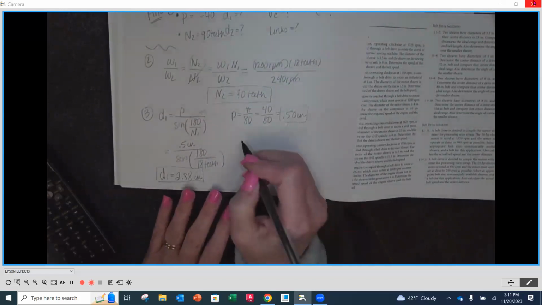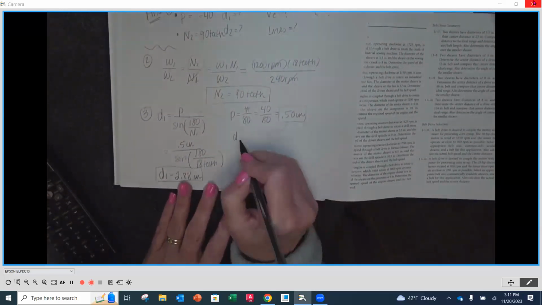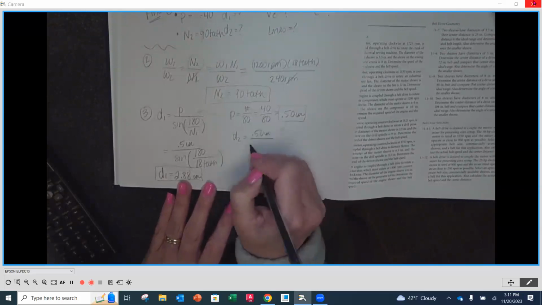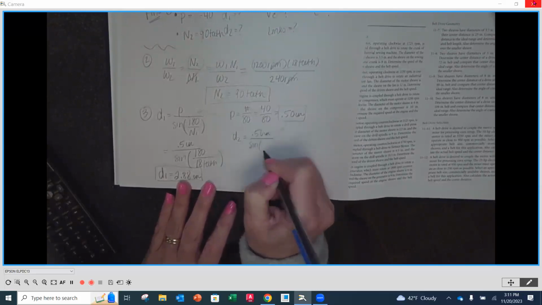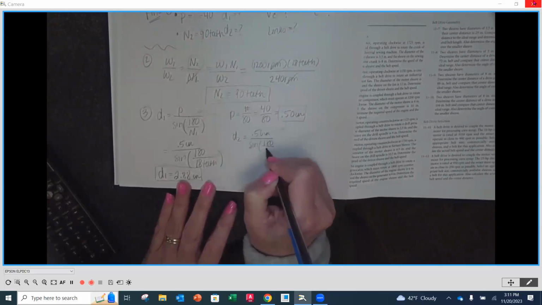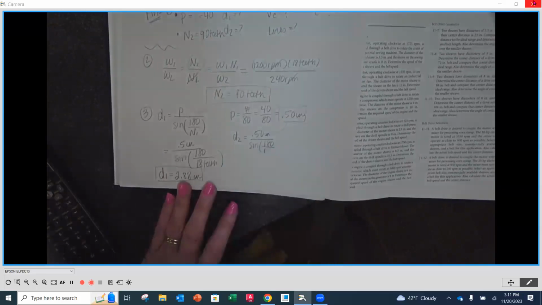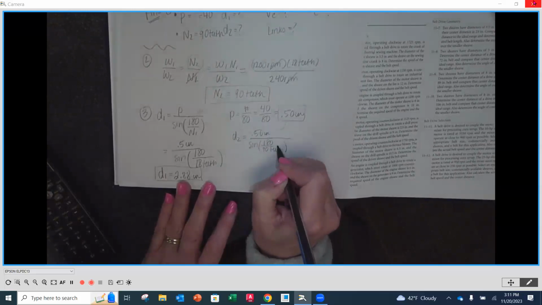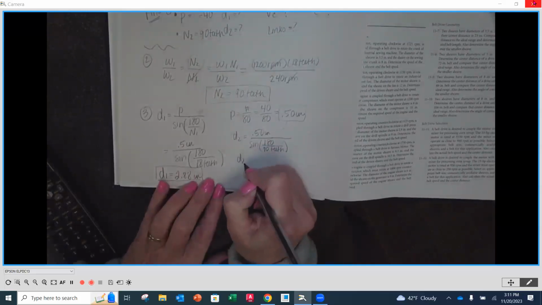And then we're going to do that very same thing for D2 using that same pitch. So D2 is going to be equal to 0.50 inches divided by sine of 180 divided by, this one is 90 teeth.